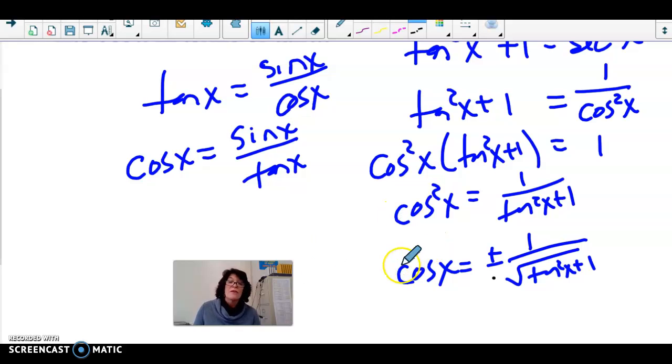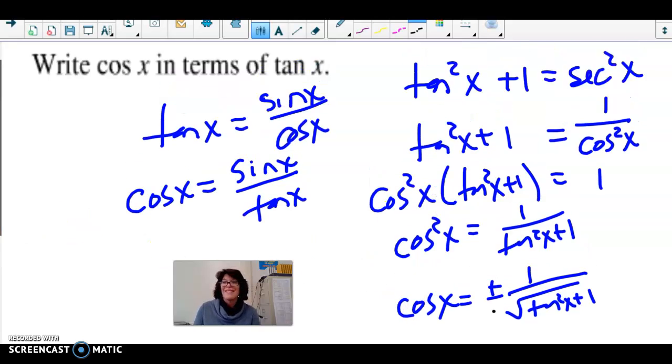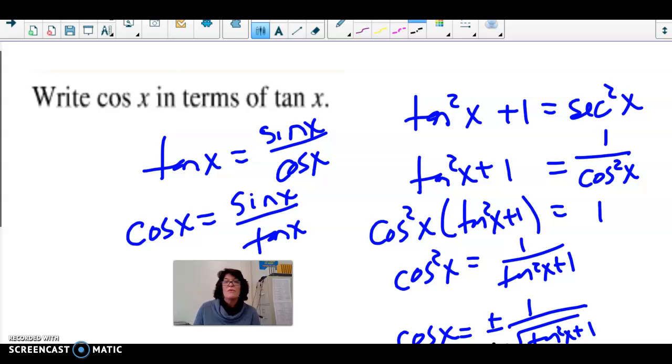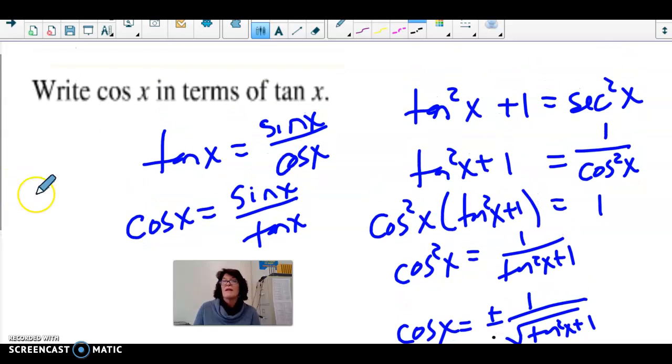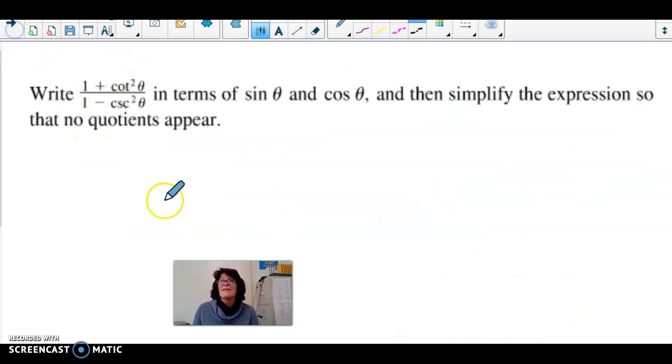Plus or minus, you have to tell me the quadrant too that you're in, okay? But I wrote cosine in terms of tangent. There's a couple right answers to these, all right? Don't get worried. It's not like other things. There's different ways to represent your answer, okay?